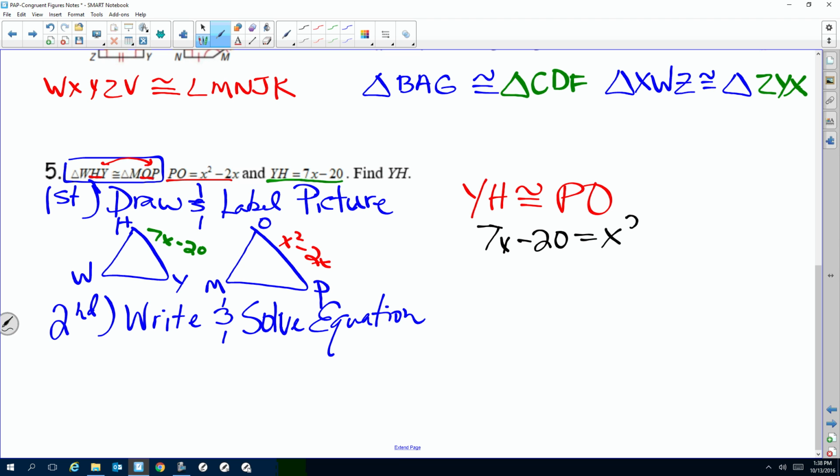First we start here, but then we have to solve the quadratic. So we have to make it equal to 0. Okay, so y'all simplified already? All right, so that x squared minus 9x plus 20, yeah. That would equal 0.